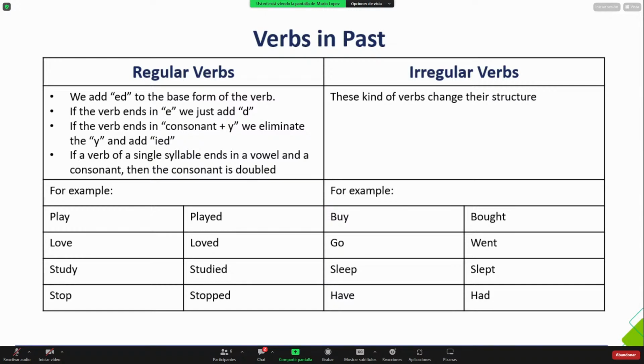Al final de la antología, que ustedes pueden chequear en la plataforma, in the section of resources, there you have the anthology. In the anthology, you have a list of verbs. O sea, ustedes entran a la plataforma y en el área de recursos, ahí está la antología. Al final de la antología tienen una lista de verbos. Ahí los pueden chequear y los pueden estudiar.